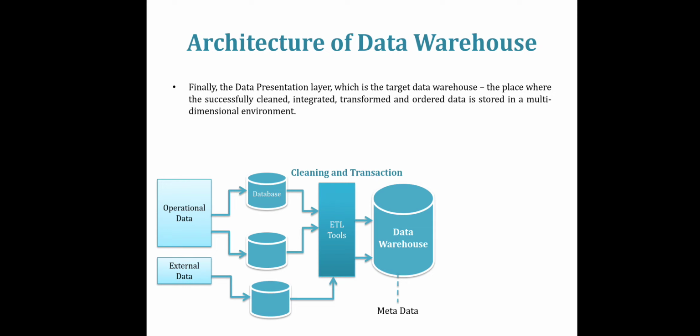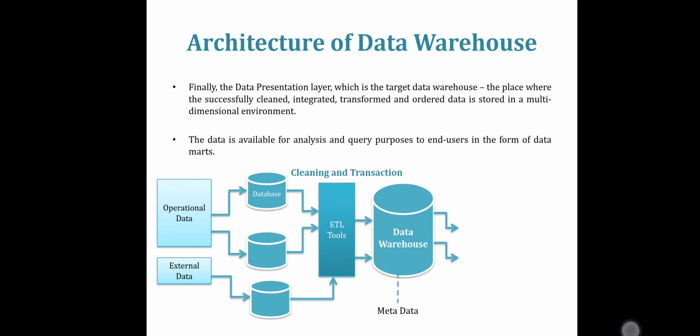This data is available to the user in the form of data marts. So this data is available for analysis or query purposes to the end users in the form of data marts. How are we going to represent that data? The clean, integrated, transformed and ordered data is represented in the form of data marts.